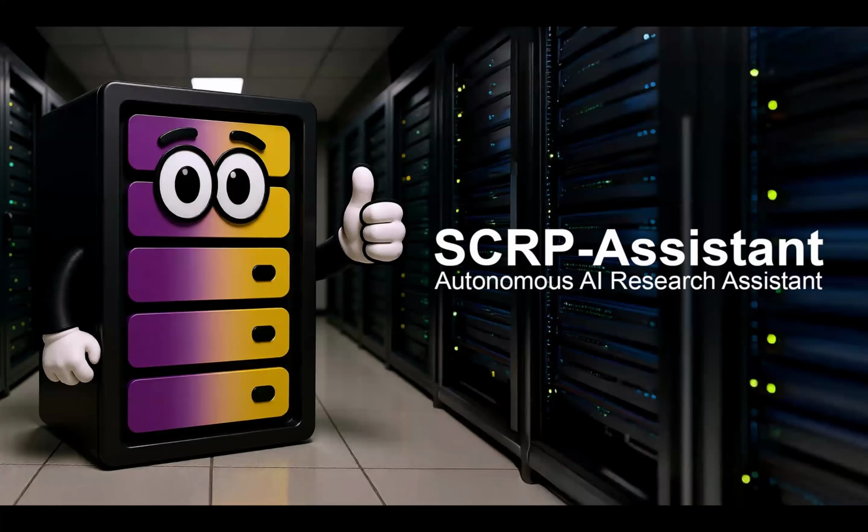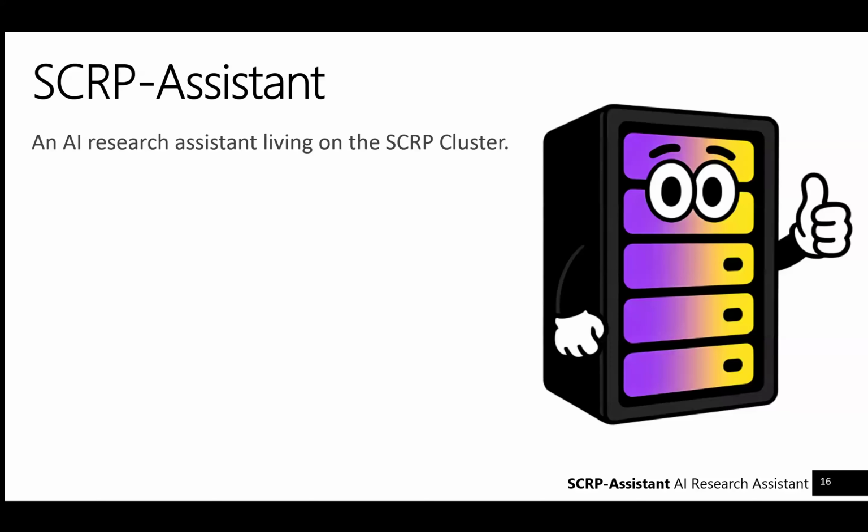So now, what do we offer on SCRP? The SCRP-Assistant is the AI agent that we offer on the cluster. So what is it? We would say it's like an AI research assistant living on a cluster. On the front end, we give you a choice between several popular CLIs, that's what we call command line interface.